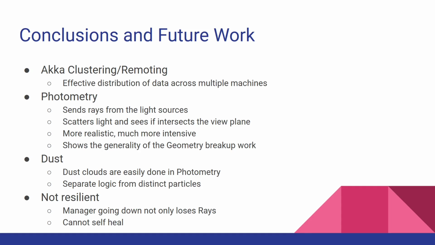As such, the most interesting next step would be to expand this code to Akka clustering and remoting. This clustering and remoting by default on Akka is pretty simple to do and should be pretty decent in terms of performance, because Akka really doesn't care where a message comes from or where it goes to, as these messages are of any type.